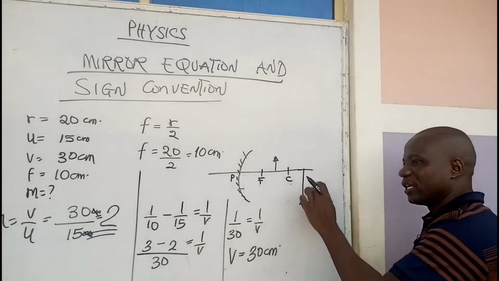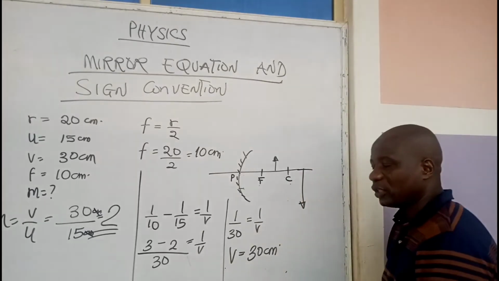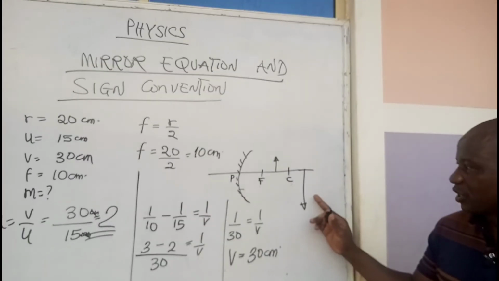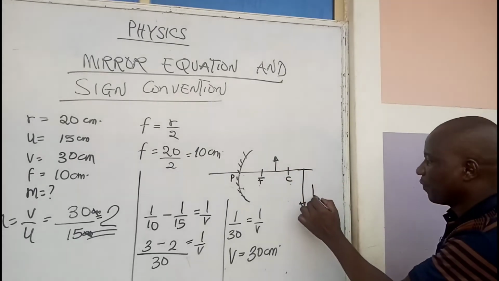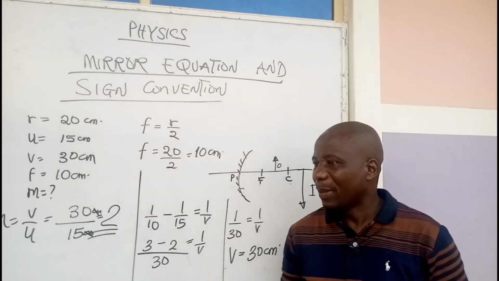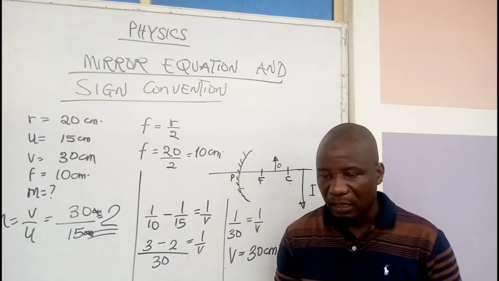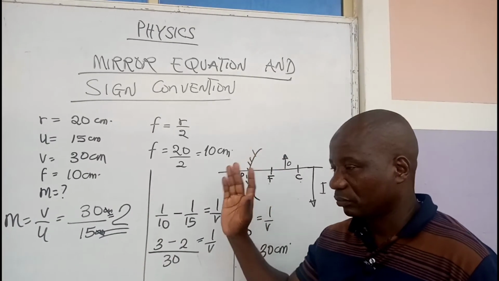Class, am I right or wrong? I told you even before the calculation that it's going to be magnified. Can't you see? Look at the size of the object and the size of our image. Is it not magnified? Magnified means it is bigger. Now, we have seen the magnification to be 2.